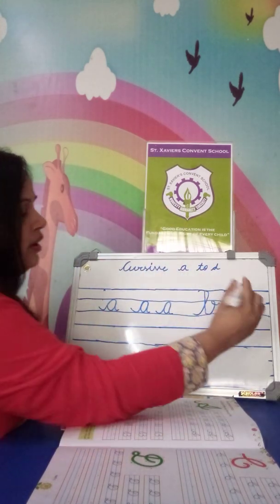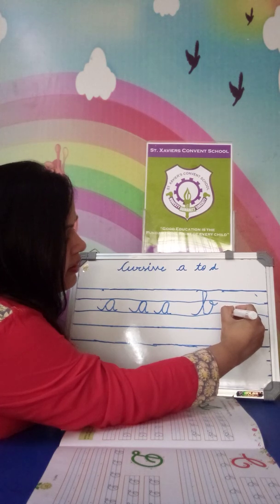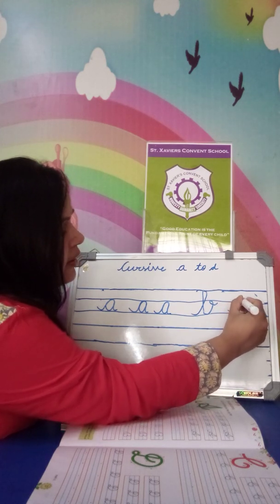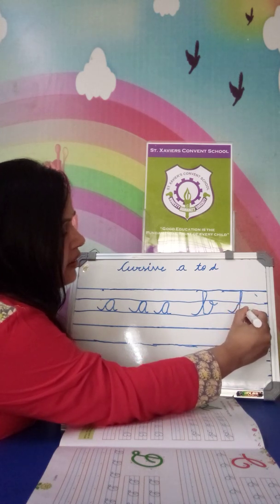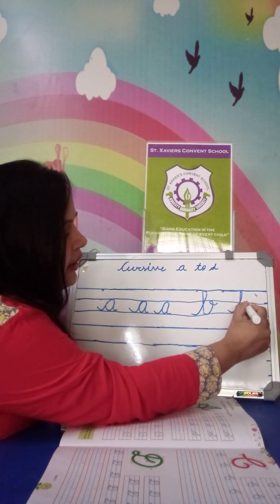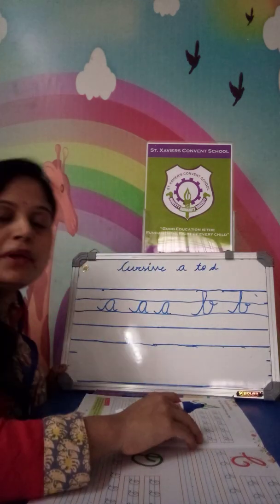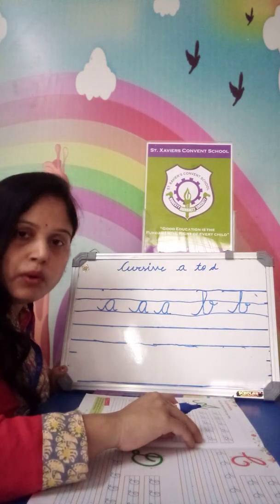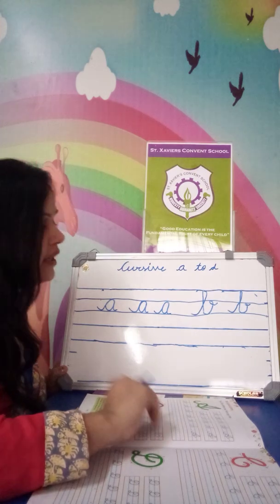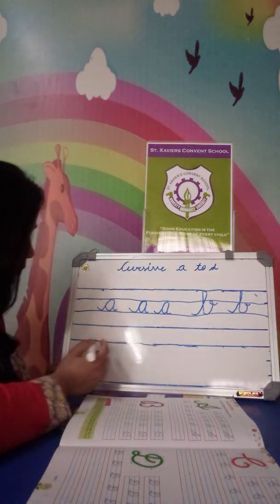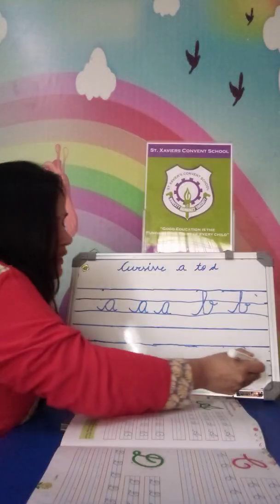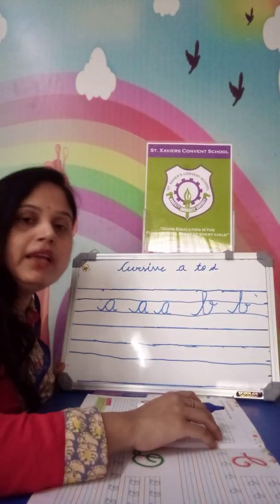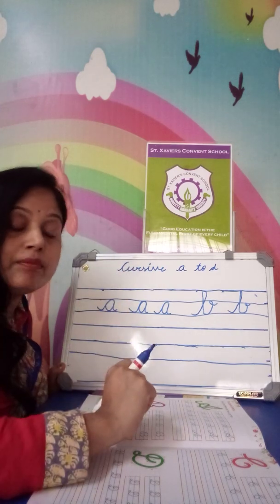Again, third line, start with a straight line like this, and turn this line and again turn, like B. B for ball. Okay. After that, which letter comes? After B? C.